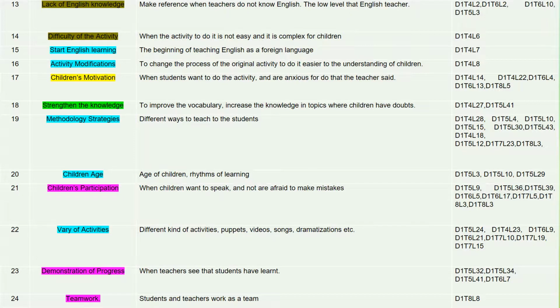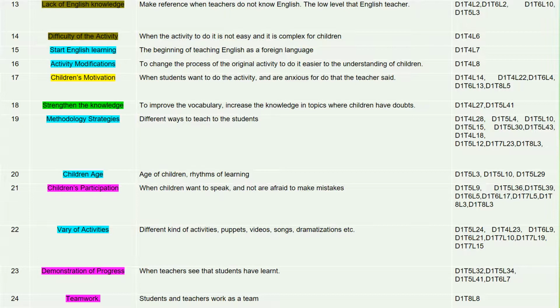Let's explain code 14, difficulty of the activity. It is when the activity is not easy and it is complex for children. When that situation happened, the teacher had to change the activity. So here we have code 16, activity modifications, to change the process of the original activity to make it easier for children to understand.